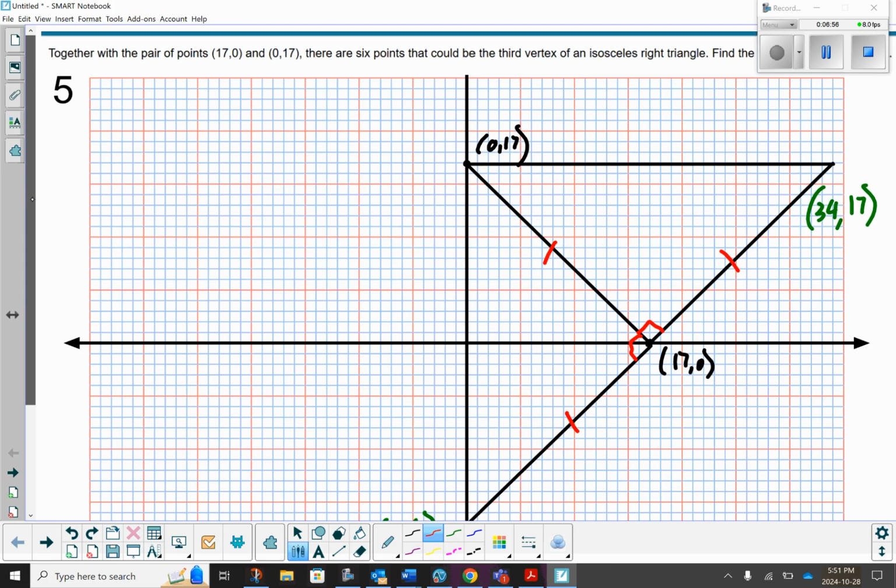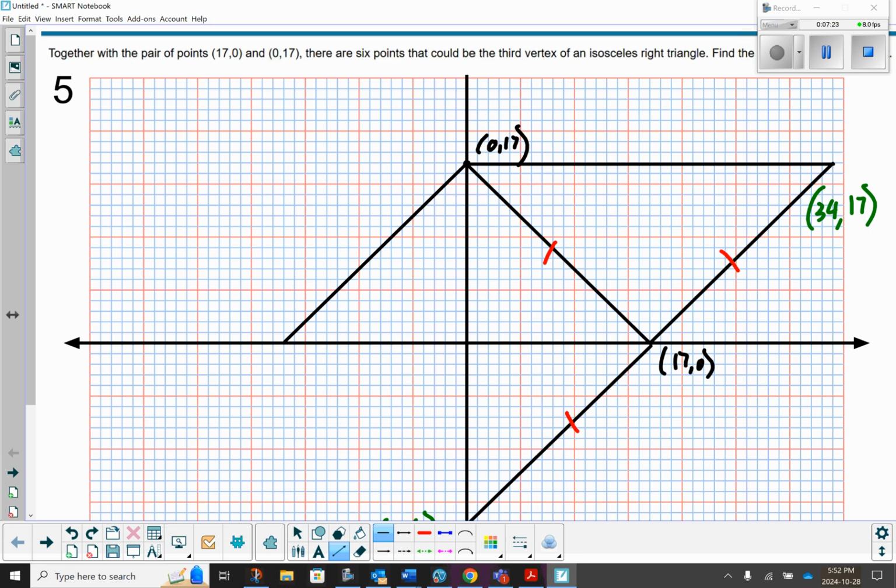Does that open the rest of them? Again, they said that there were 6 points. Well, we found 2 of them where the given segment was the hypotenuse. Who says I have to count 17 spaces up and over from this endpoint? Couldn't I do the same thing from this endpoint if I count 17 spaces down and 17 spaces to the left?